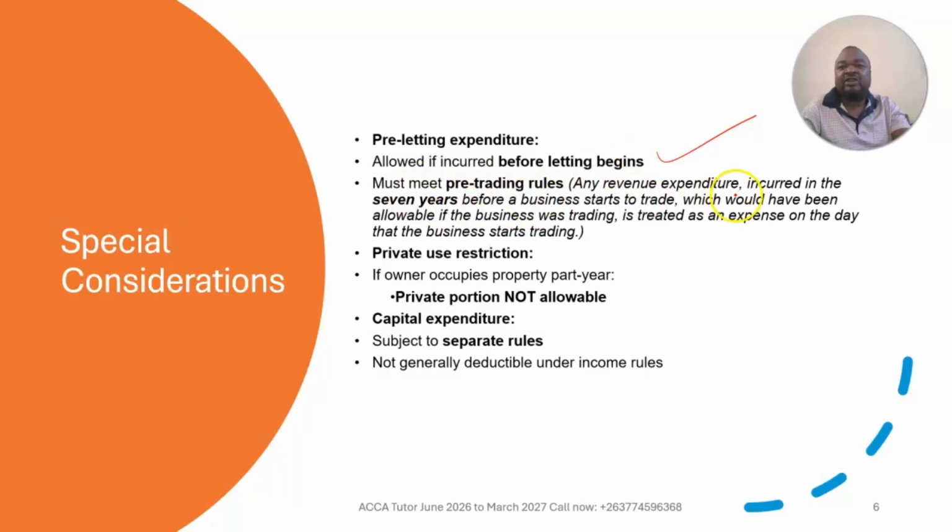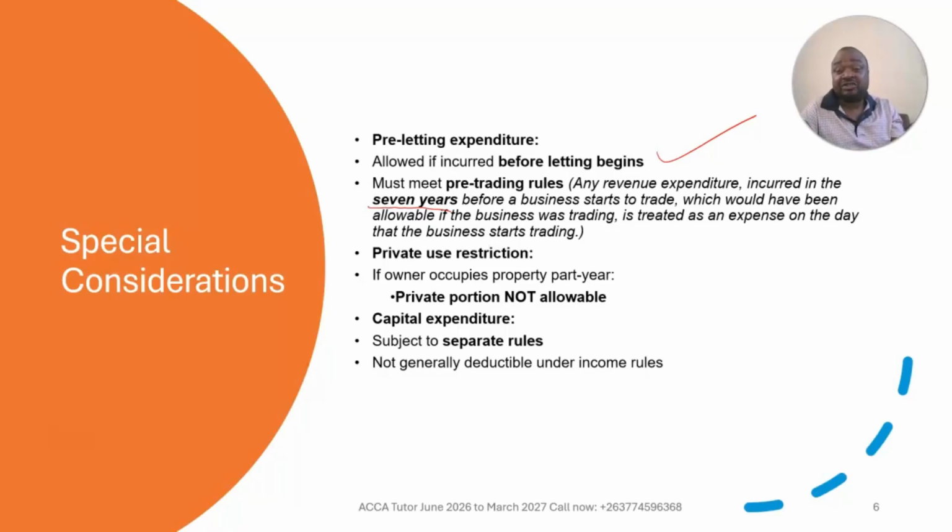That is, any revenue expenditure incurred in the 7 years before a business starts to trade, which would have been allowable if the business was trading, is treated as an expense on the day that the business starts trading. So if you incur those expenses within 7 years, and those expenses were going to be allowable anyway if you were already trading, then you'll be allowed to deduct them.